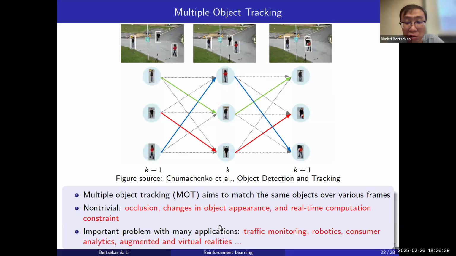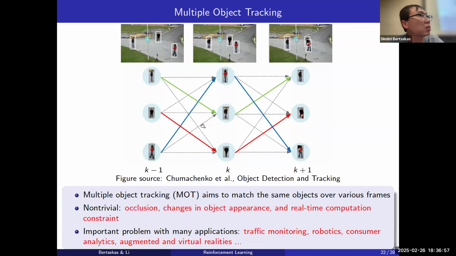On the other hand, it also requires real-time computation, because typically the stream of images from this civilian camera comes in, and you would like to have this object tracking algorithm done in real time.